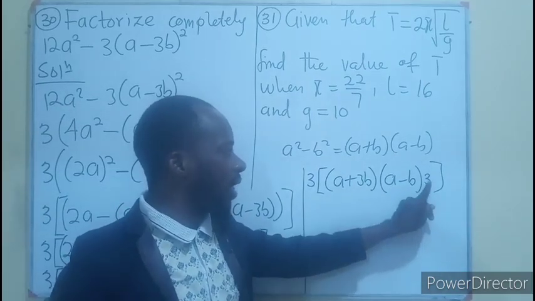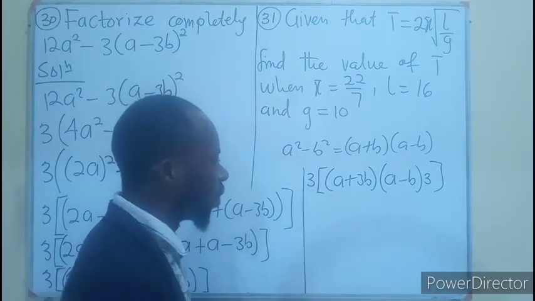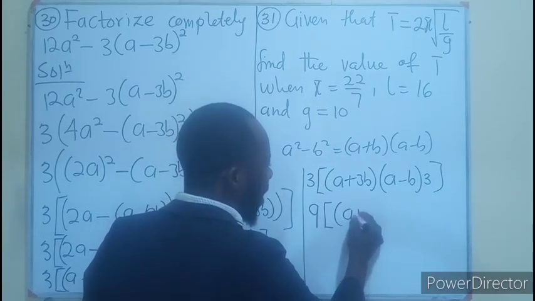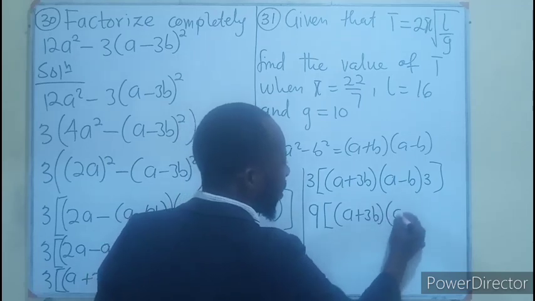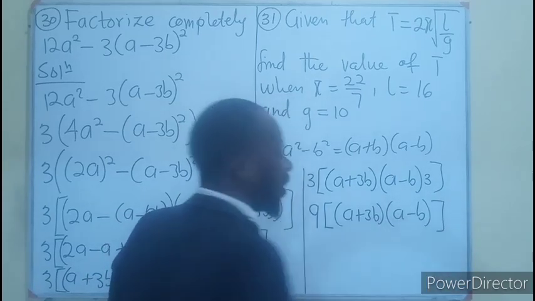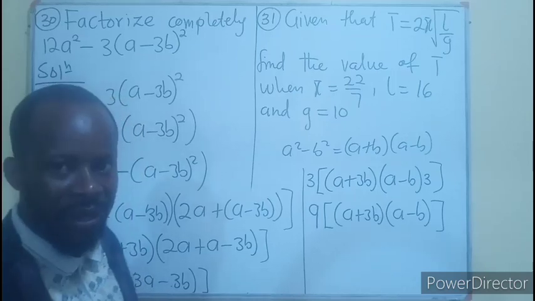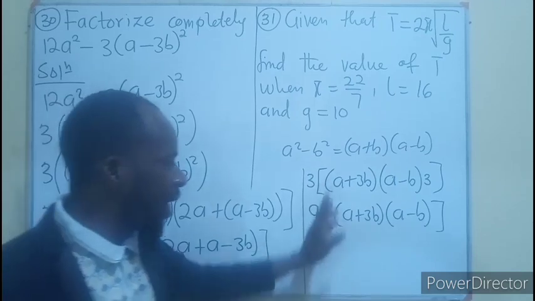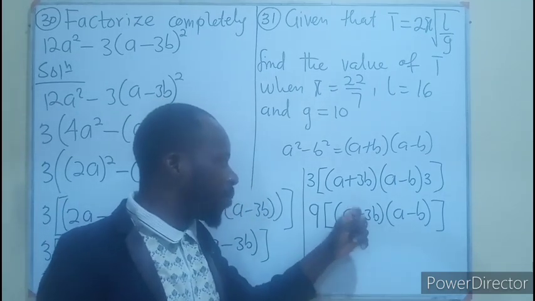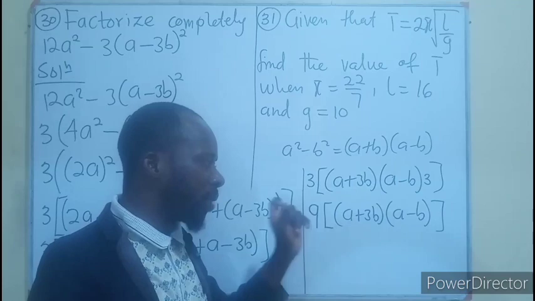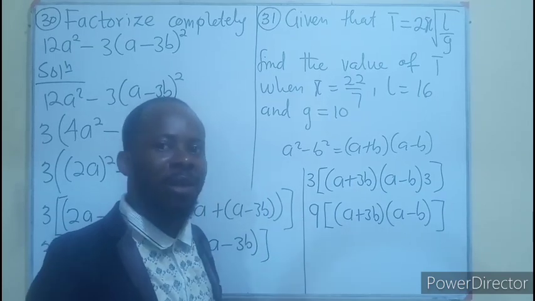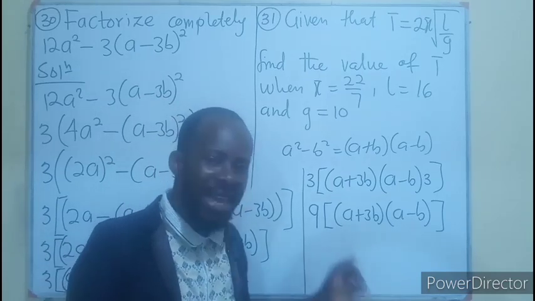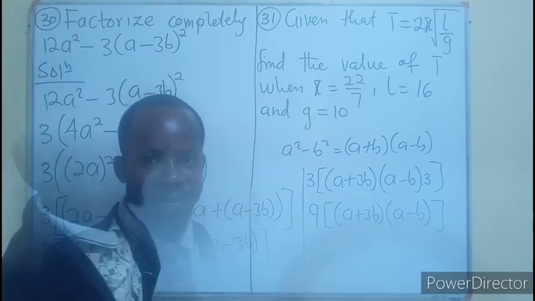Since they are all multiplying, this constant will multiply this constant to give us 9 into bracket a plus 3b, a minus b. This becomes the final factorization: 9 into bracket a plus 3b bracket close, bracket open, a minus b bracket close. So this will be option A on the question paper.